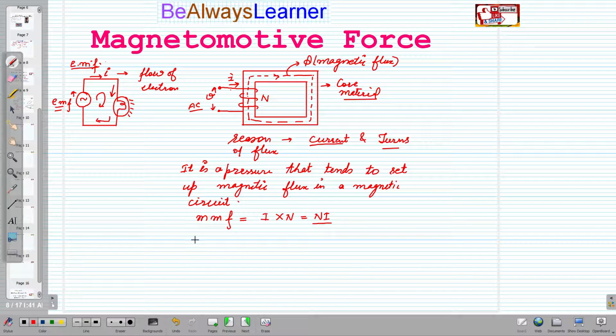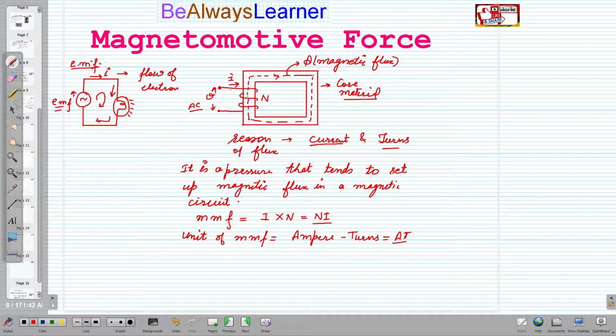In the same way, we can talk about the unit of MMF. Now what will the units be? The unit of current is ampere, so we can say this is ampere, and N is the number of turns, so we can say this is turn. So ampere turns, in short we can write AT. AT is the unit of MMF, right? So that's how we can define the MMF.